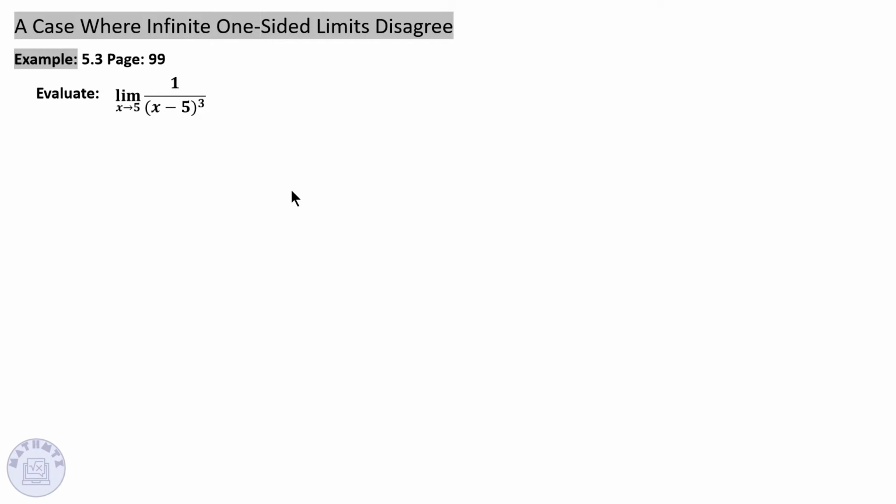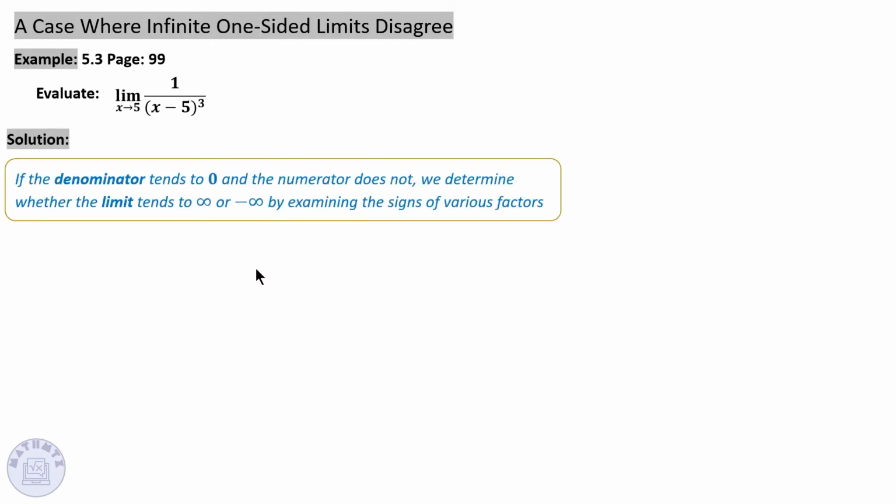Now, if you want to do this without using your calculator, whenever the denominator tends to 0 and the numerator is not, we determine whether the limit tends to infinity or negative infinity by examining the sign of various factors.